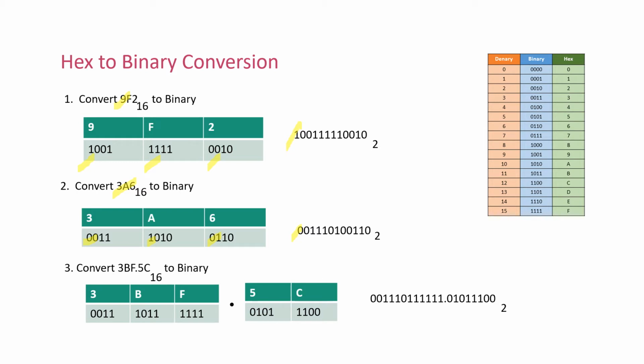And the next number is with a hexadecimal point. It is 3BF.5C. We are going to write down again the 4-bit binary equivalent for these hexadecimal digits.